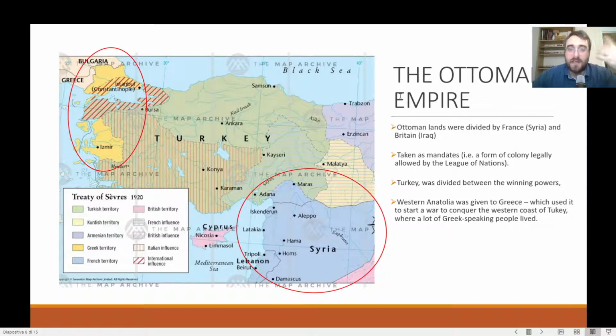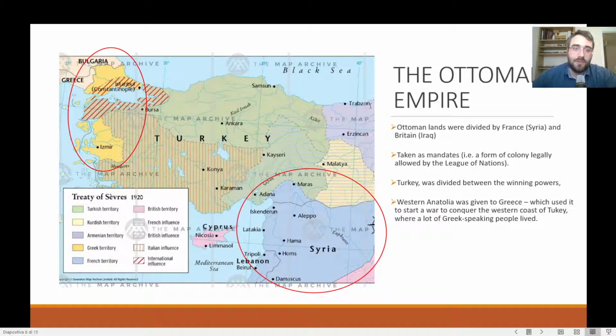Again, what happened? Greece started a war. They wanted to occupy all the western coast of Turkey, all those areas where Greek-speaking Christian people lived. The invasion failed dramatically at the Battle of Sakarya, and Turkey was able to ask for a new treaty.